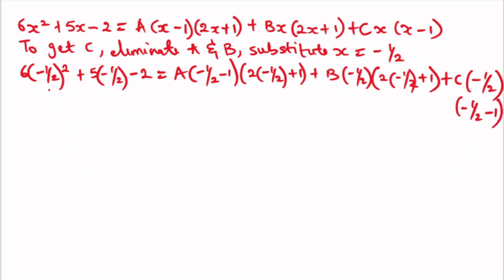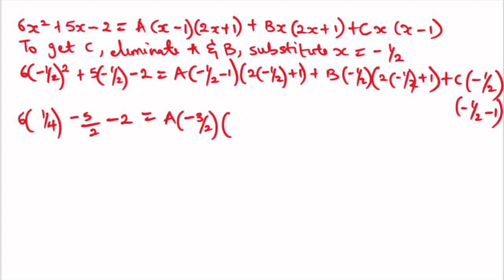So expressing further, minus 1 over 2 squared gives us 1 over 4. So we'll multiply that by 6. We'll have 6 into bracket 1 over 4, plus 5 times minus half gives us minus 5 over 2, minus 2, equal to a into bracket minus 1 over 2 minus 1 gives us minus 3 over 2, bracket 2 here 1, 2 here 1.